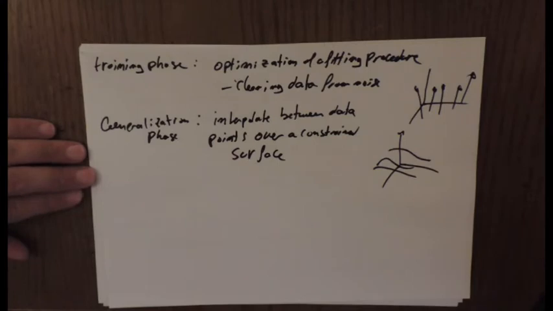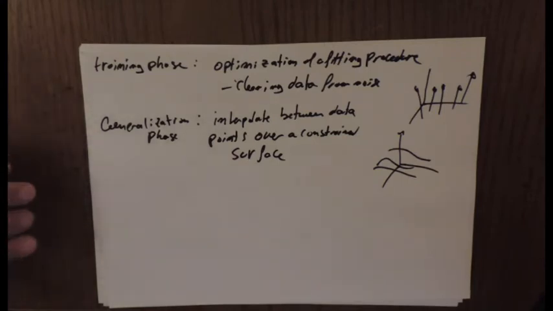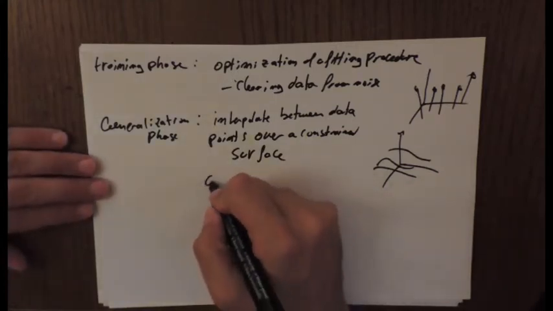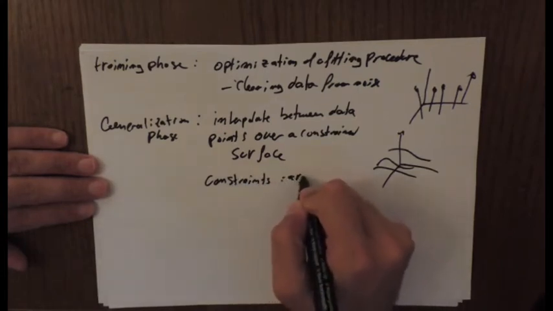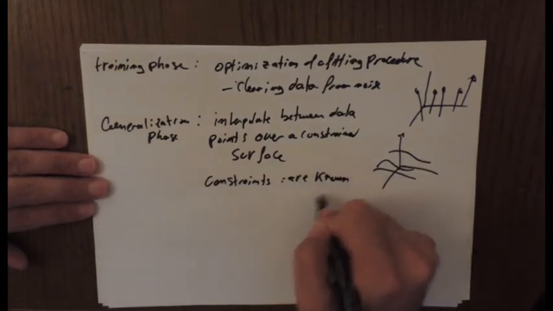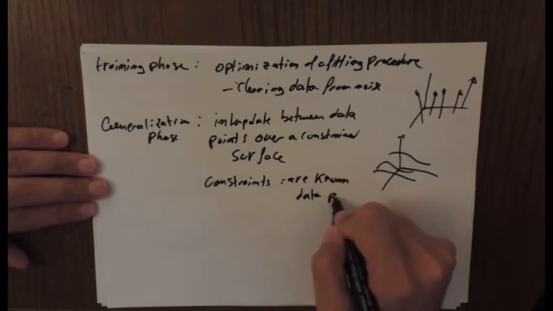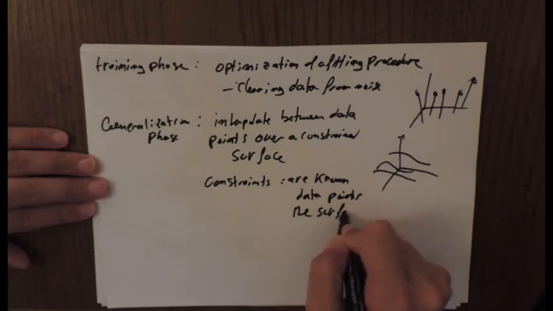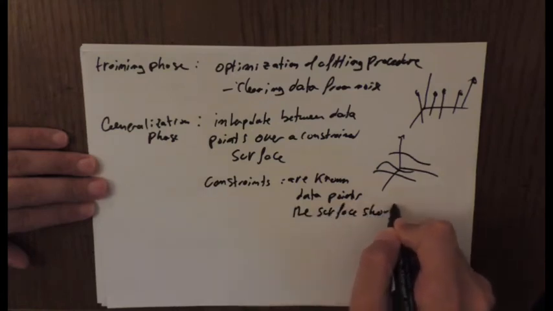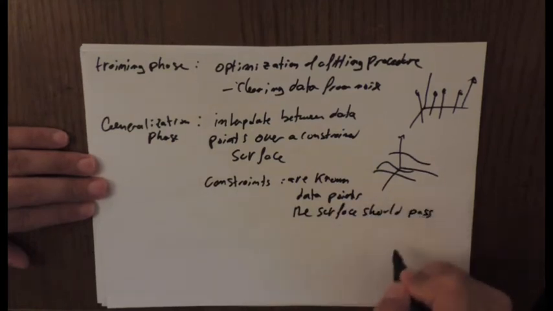Okay, so constraints are in the form of given known data points that the surface should pass through.